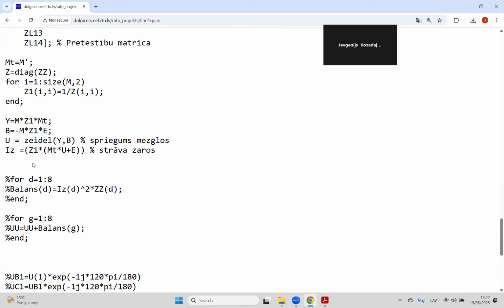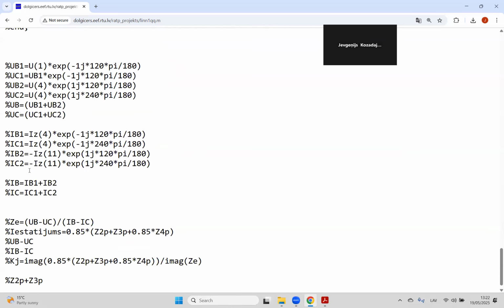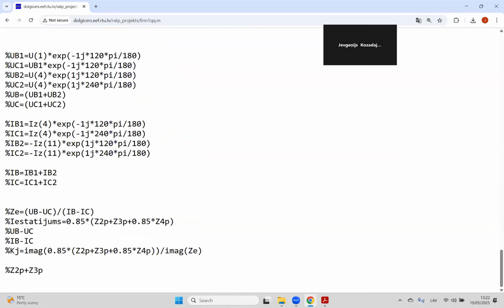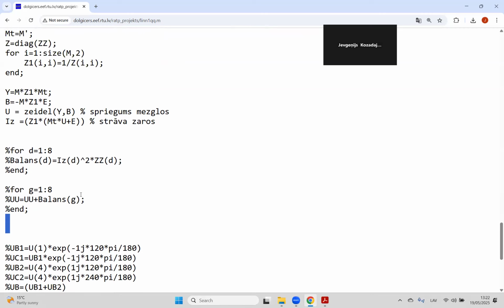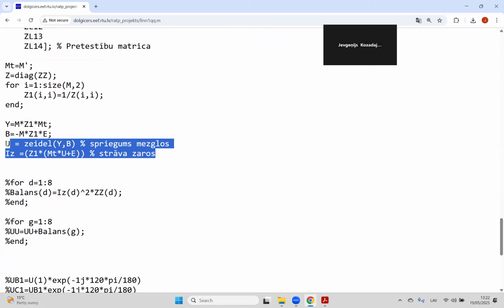When you have got all of this, the next step is to make vectors of every phase, what the protection device will see, and for every sequence. But this is the next step, and this step could be done only when you are sure that your currents and voltages are correct.